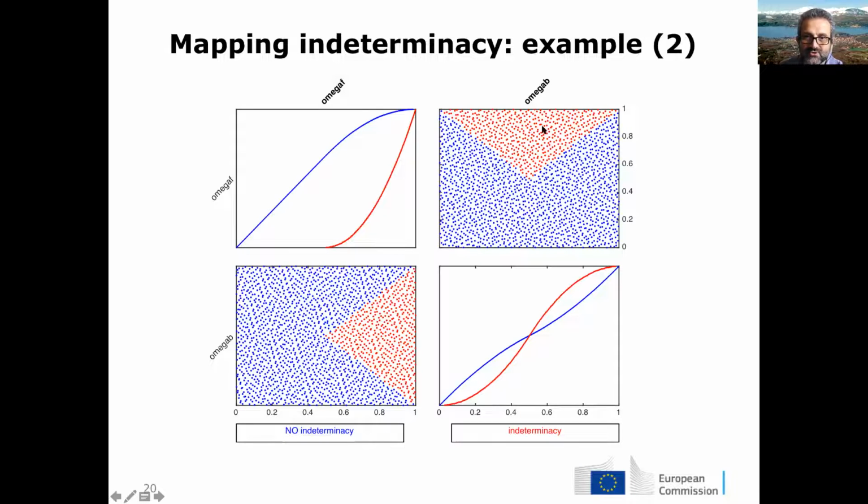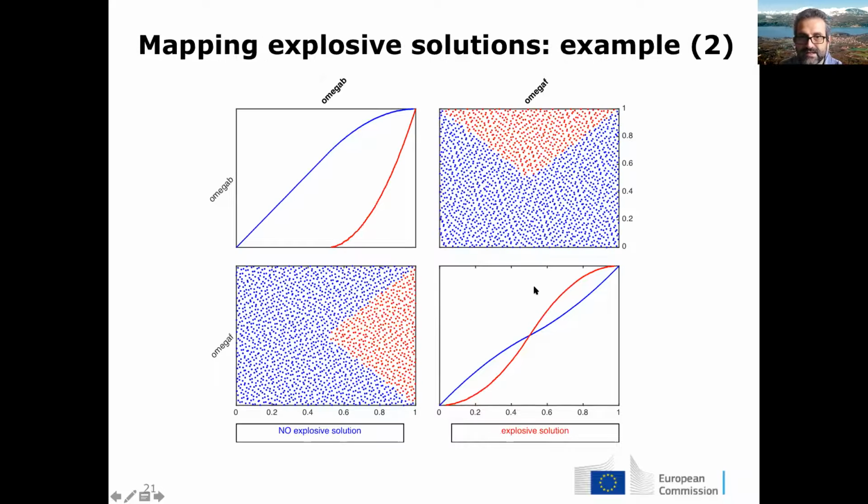So in fact, you should combine this, which has omega b on the x and omega f on the y. So this is this triangle. And then you combine this with this, where again you have omega b on the x and omega f on the y.